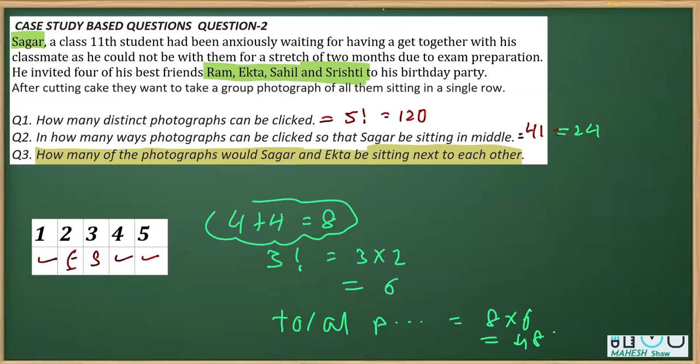You may take it as 2 into 4 as 8, or 4 plus 4. So the answer for this part is 8 into 6, that is equal to 48.